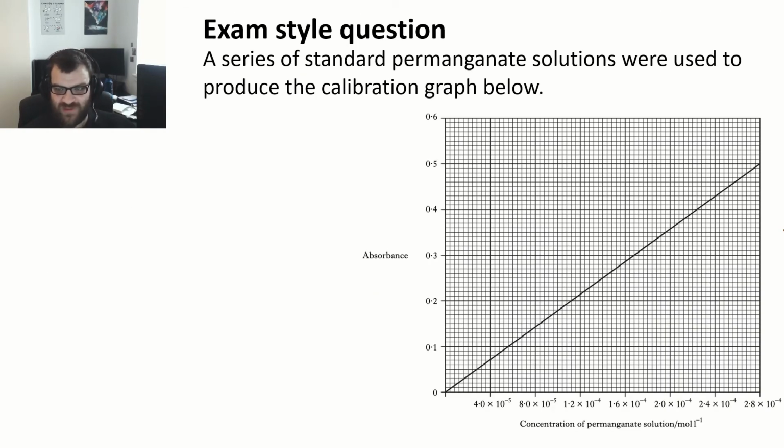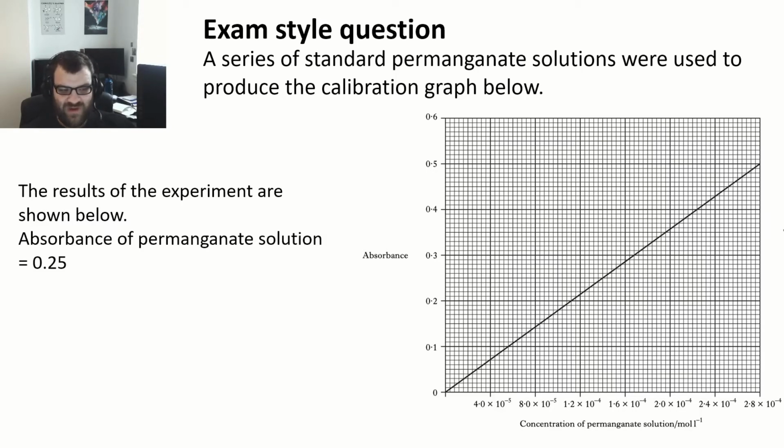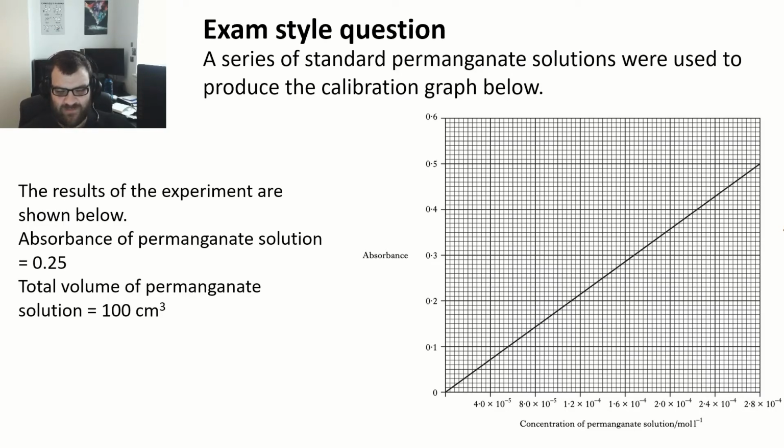In a question you might be given the calibration curve initially, and they give you information about the unknown sample. In this question, it's telling us that the absorbance of the solution was 0.25. It also tells you about the volume of the sample that was being investigated.